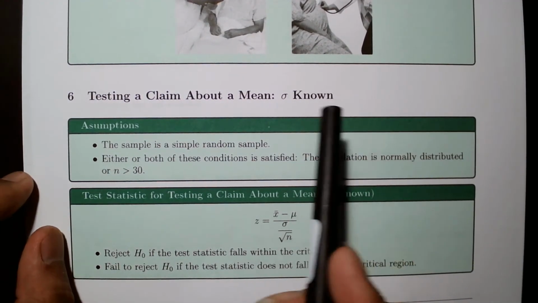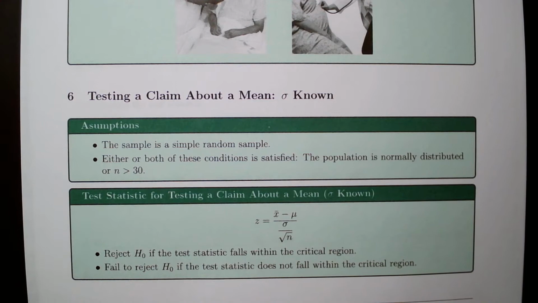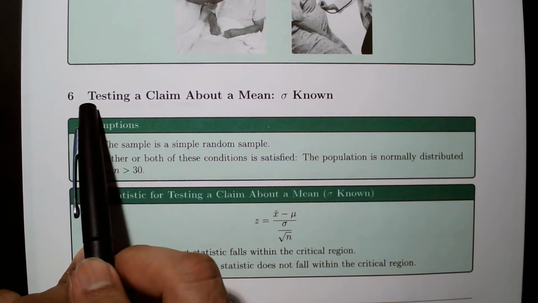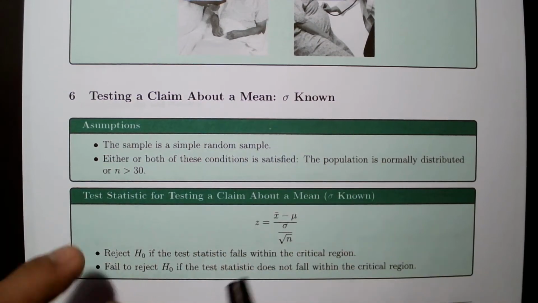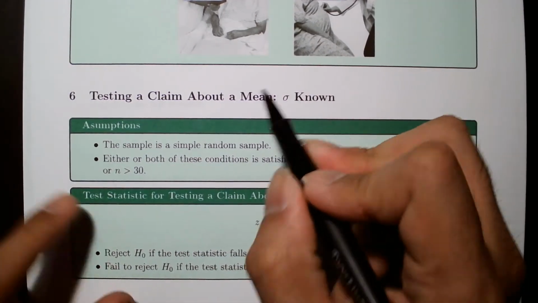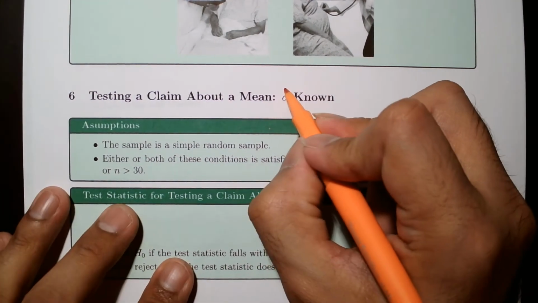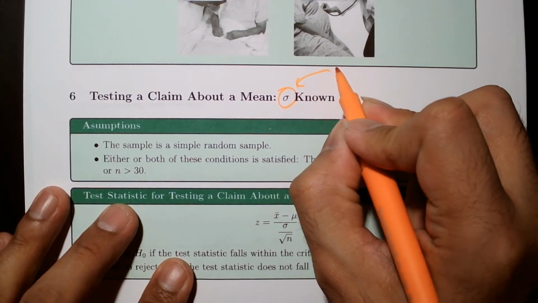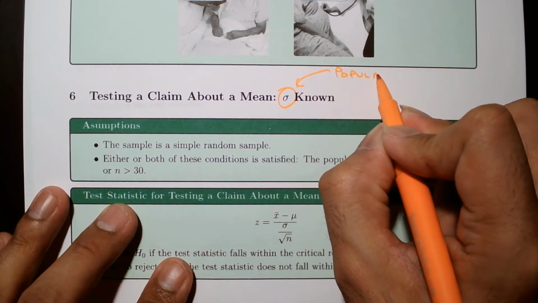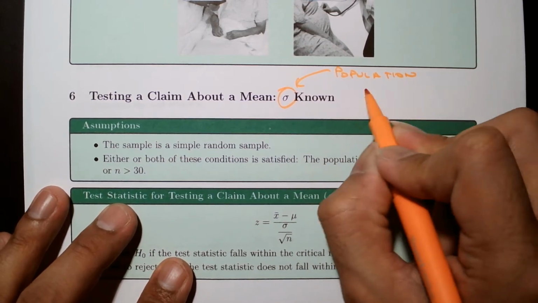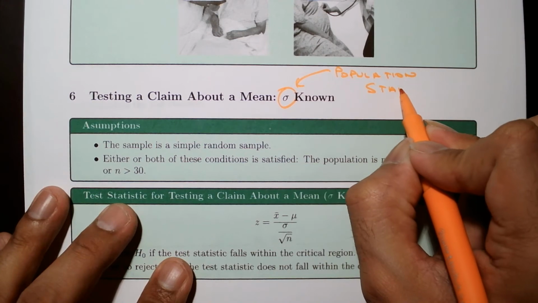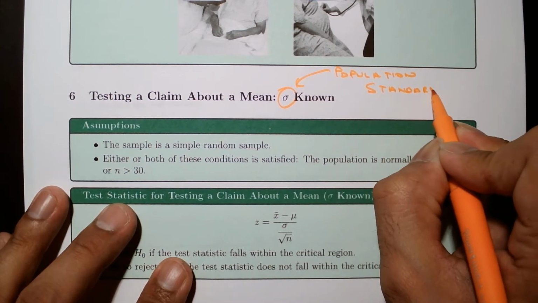In the previous video, we tested claims about population proportion. Now we are going to test a claim about a mean in which sigma is known. But what is sigma? Sigma is the population standard deviation.